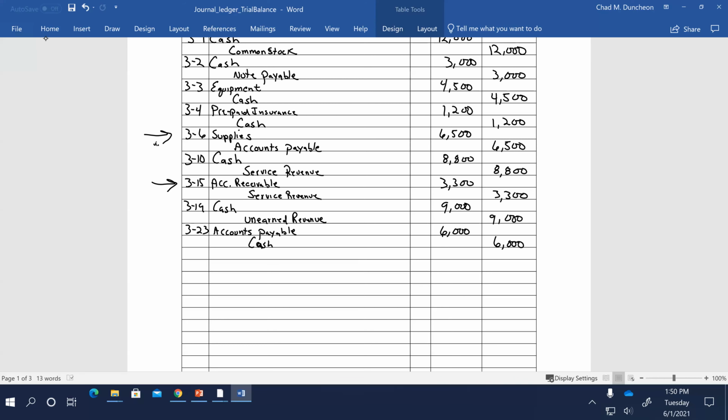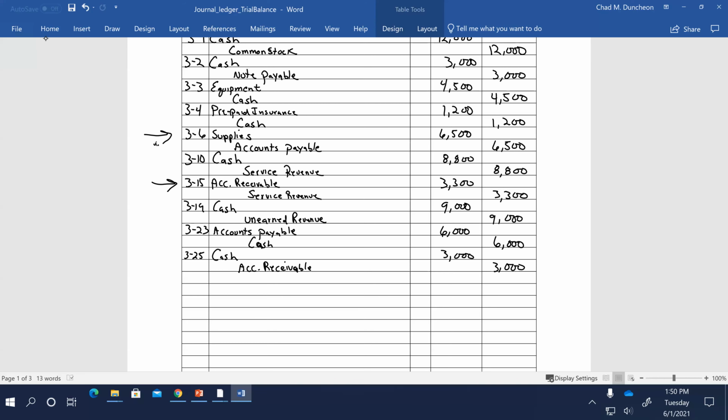So for this journal entry, we put our date, 3/25. Cash, an asset increasing, gets the debit entry for 3,000. And now we can lower the amount of our accounts receivable because those people no longer owe us the cash.